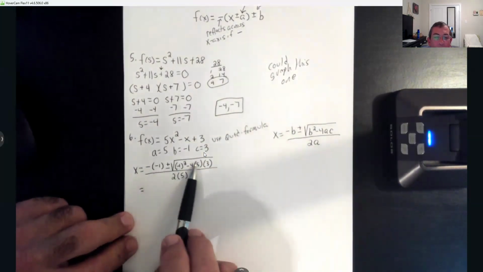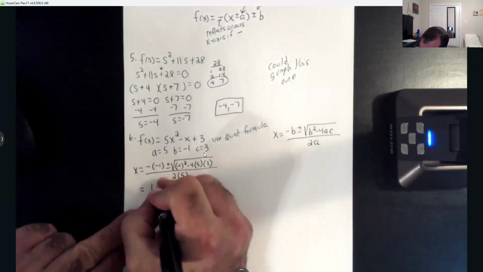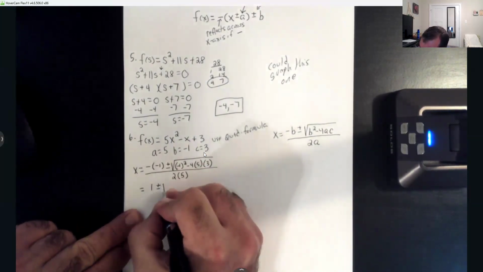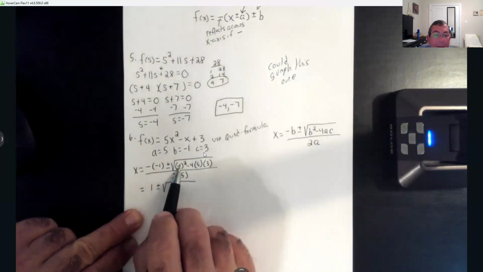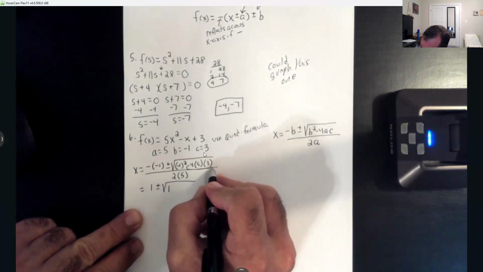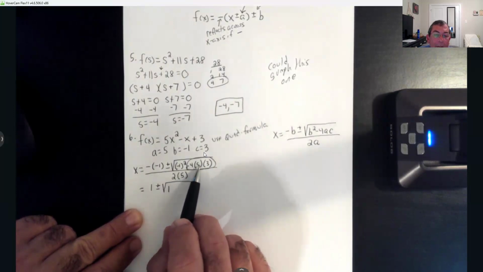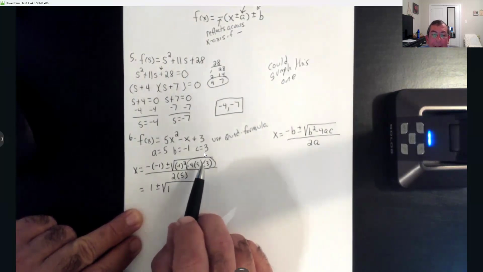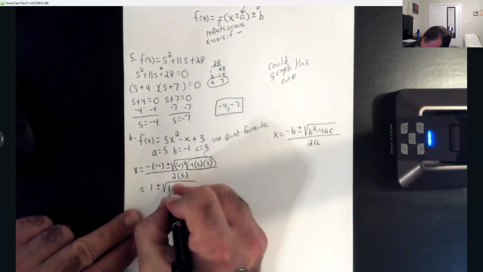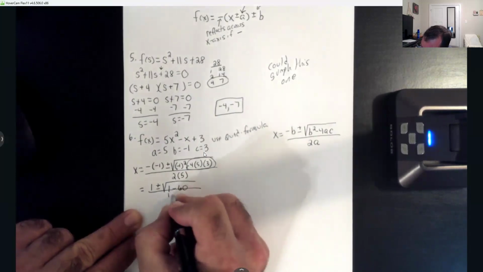So you get it all plugged in, and now you start simplifying this. 2 negatives will make that a +1, plus or minus, under my square root, -1 squared, -1 times -1 is a +1. And then remember, this end is getting multiplied. So -4 times 5 is -20, times 3 is a -60. All of that is over 2 times 5, which is 10.